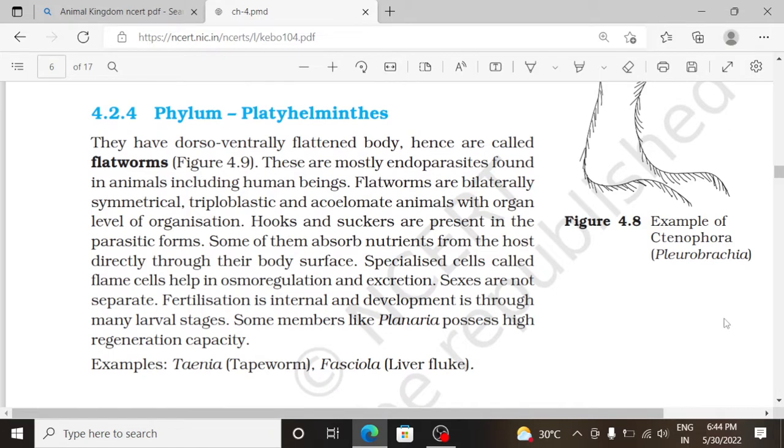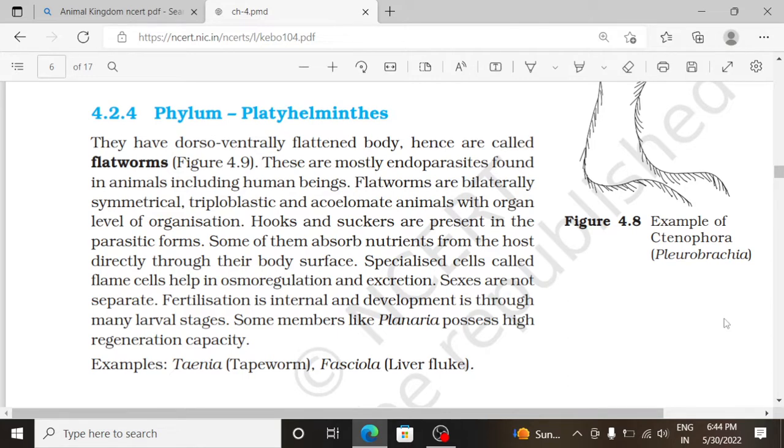Phylum Platyhelminthes. They have dorsoventrally flattened body, hence are called flatworms. These are mostly endoparasites found in animals including human beings. Flatworms are bilaterally symmetrical, triploblastic, acoelomate animals with organ level of organization. Hooks and suckers are present in the parasitic forms. Some of them absorb nutrients from the host directly through their body surface.